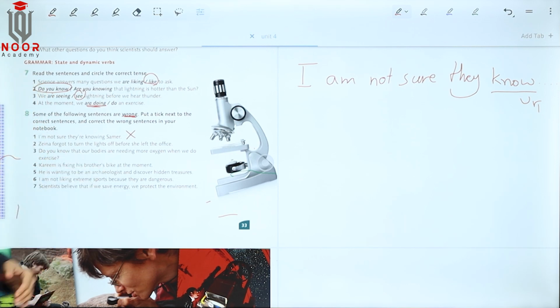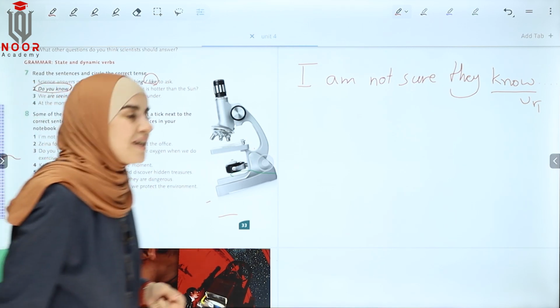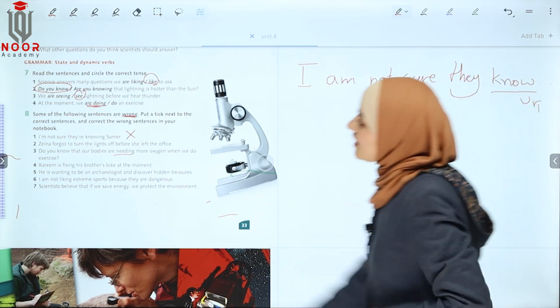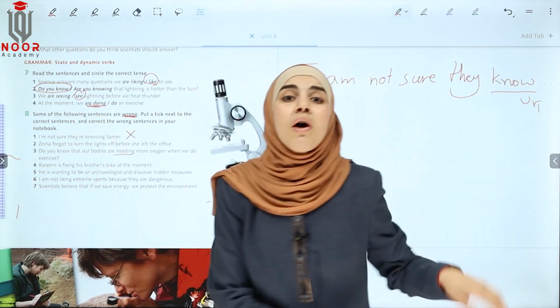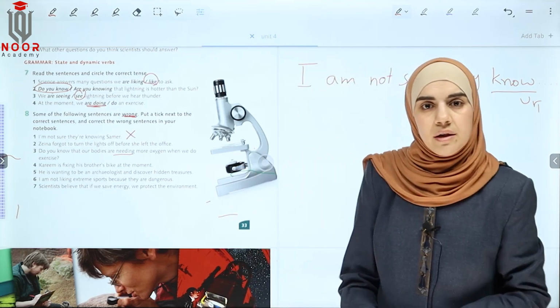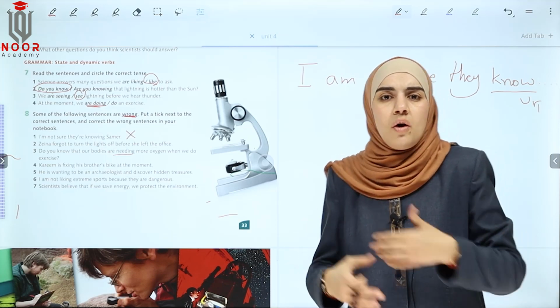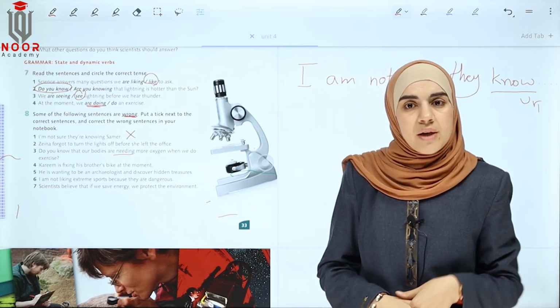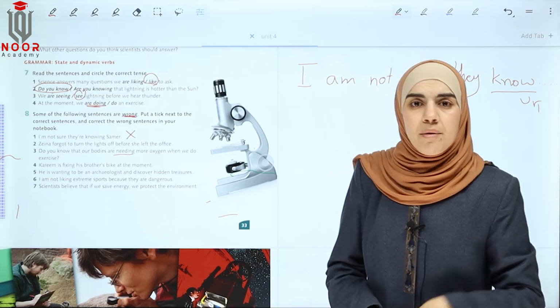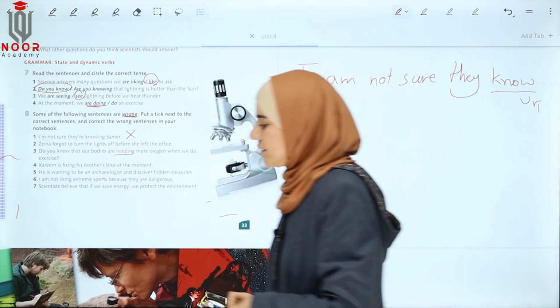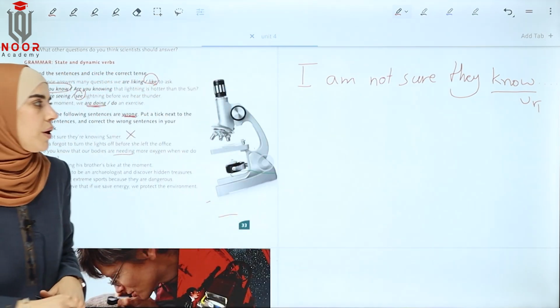Okay. Do you know that our bodies are needing more oxygen when we do exercise? Needing, it's not acceptable here. ليش يا مس جمانة؟ Because needing is at the same level as want, need, like, love, hate, admit, decide, all of the senses of verbs, and inshallah we will cover them or try to put them in books and try to memorize them. You can Google them, by the way.